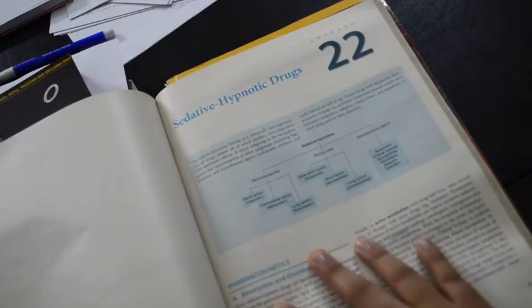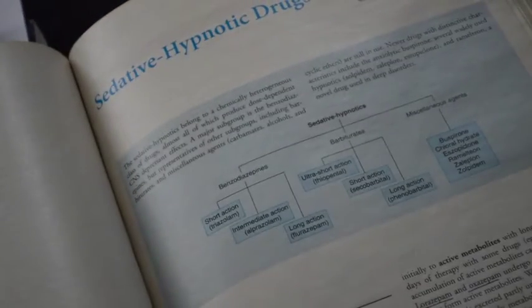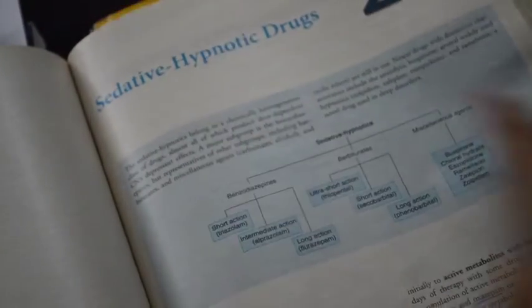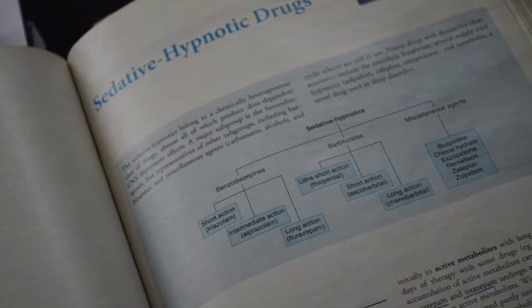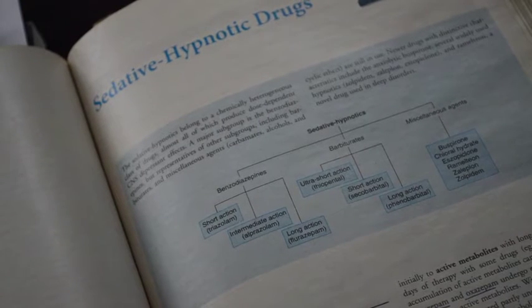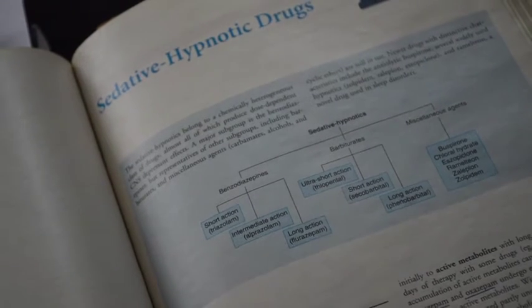Yes, this is the chapter that we looked at in the other book. You can see that in this book they have made these webs. These webs are actually very helpful when you're trying to study, more helpful than the one column that was made in the Lippincott. But overall, this book does not have a good overview.